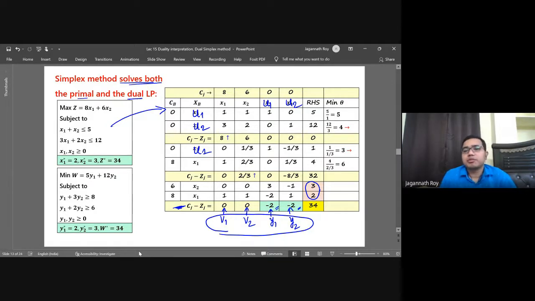For a different problem, if we solve it in a different way, these are actually dual optimal. The only thing is, remove the negative sign.